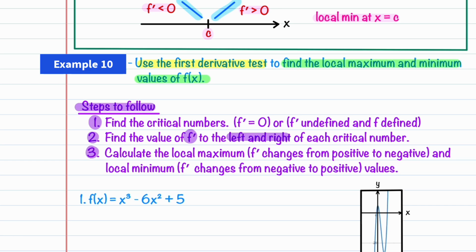And then our third step is to just calculate the local maximum. That is going to be where f prime changes from positive to negative. And then find the local minimum. And that is where f prime changes from negative to positive.